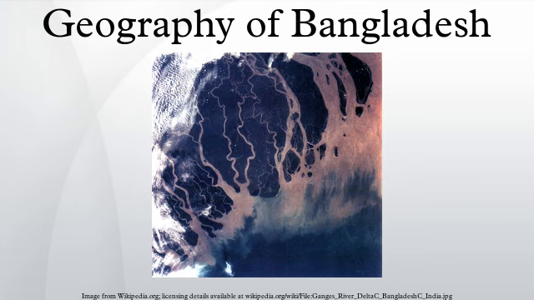Natural calamities, such as floods, tropical cyclones, tornadoes, and tidal bores, which are destructive waves or floods caused by flood tides rushing up estuaries, ravage the country, particularly the coastal belt, almost every year. Between 1947 and 1988, 13 severe cyclones hit Bangladesh, causing enormous loss of life and property.